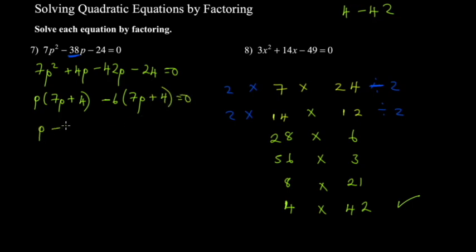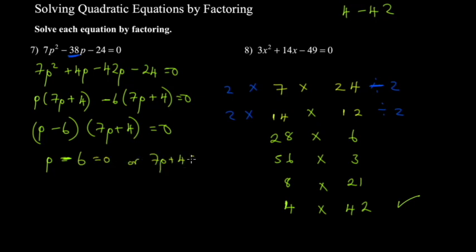Now I'm combining these coefficients into one bracket, and these ones into another bracket, so you get p minus 6. So p minus 6 equal to 0, or 7p plus 4 equal to 0. So p equals 6 or 7p equals negative 4, so p equals 6 or negative 4 over 7.